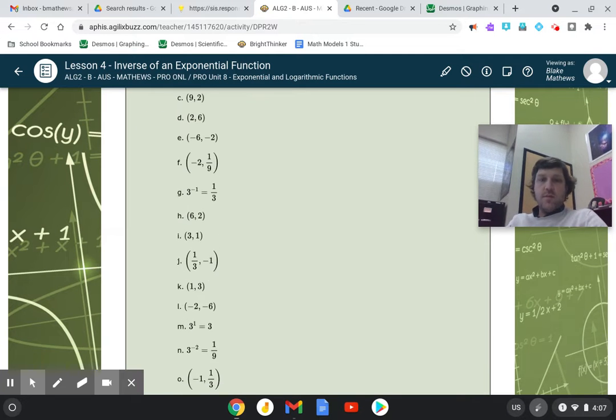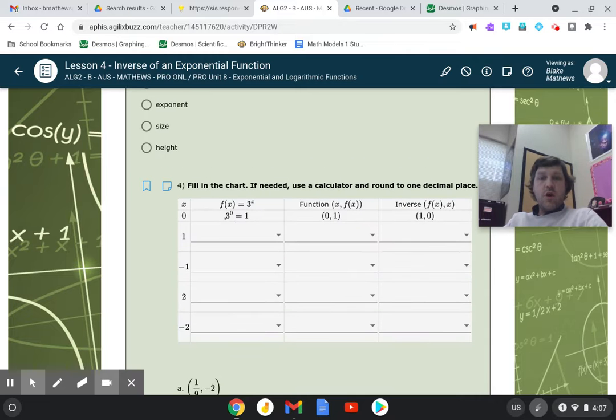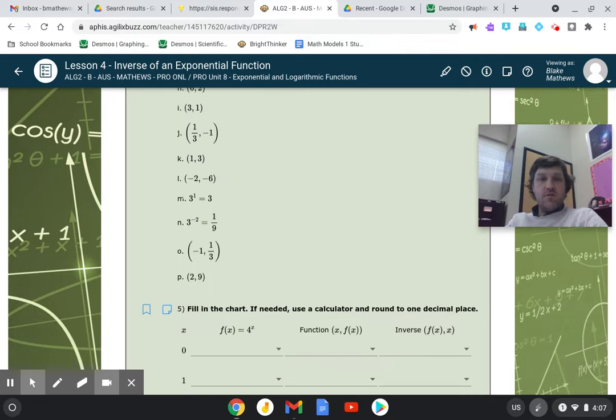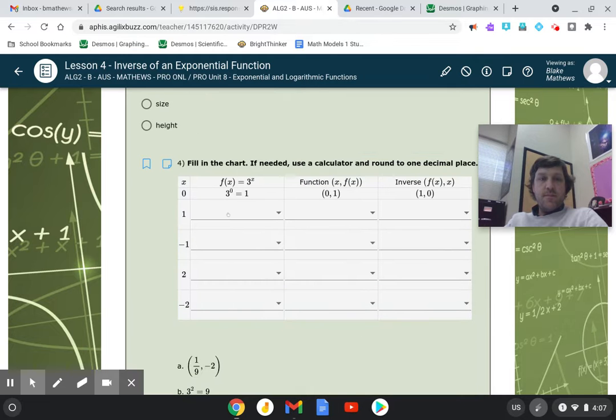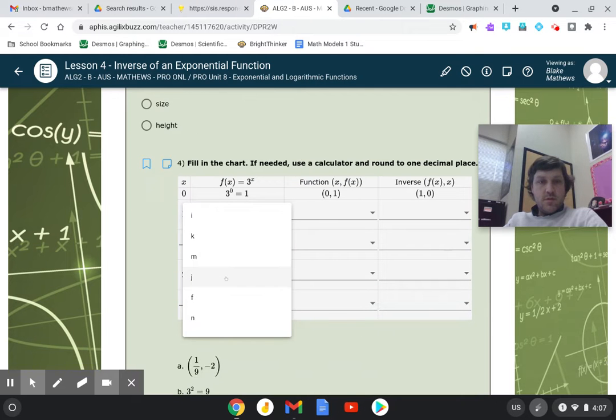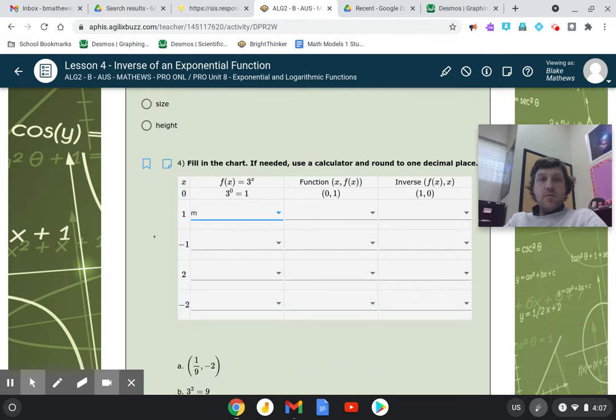I know this is a little bit confusing. Show your work. So 3 to the 1 equals 3. I'll tell you right now, answer choice M is going to go in this spot. So you have 1 and 3. That means the function is those two coordinates.